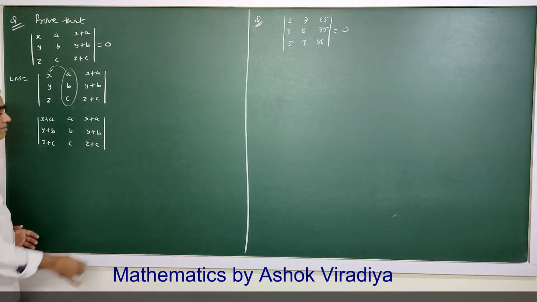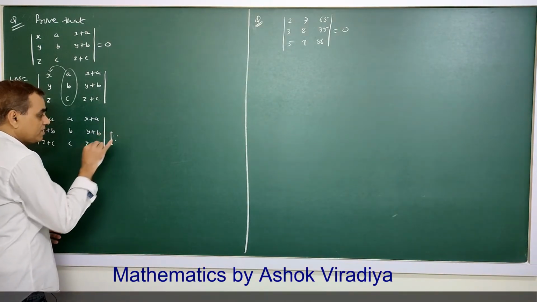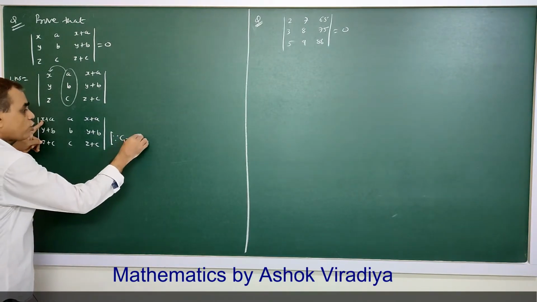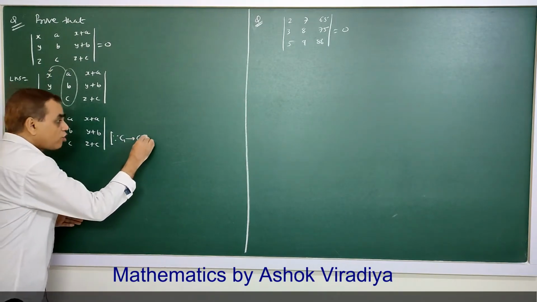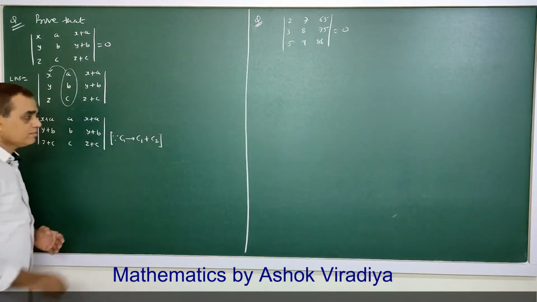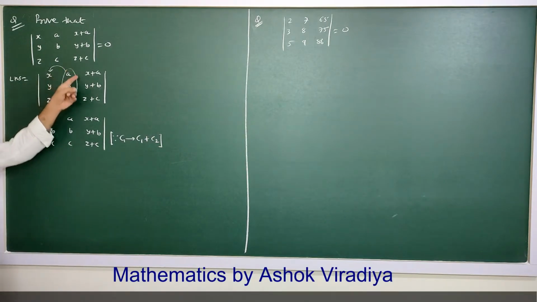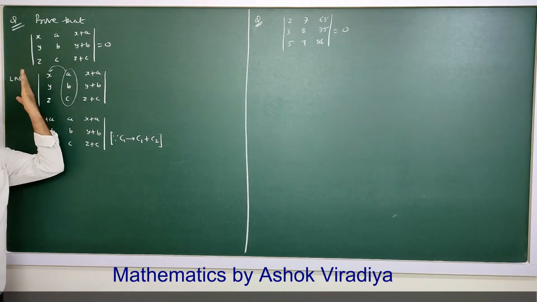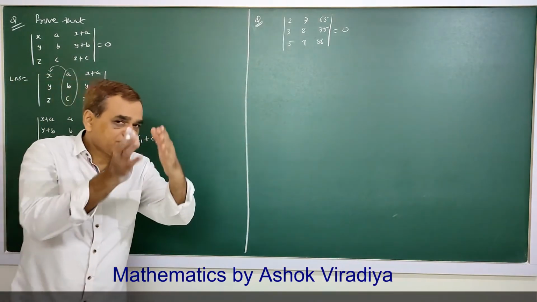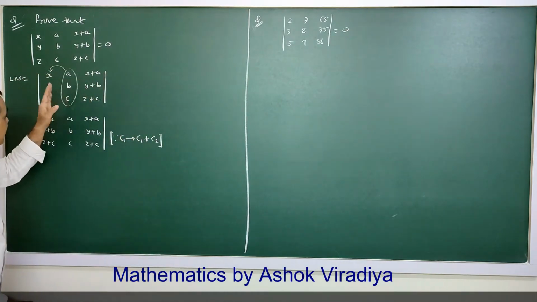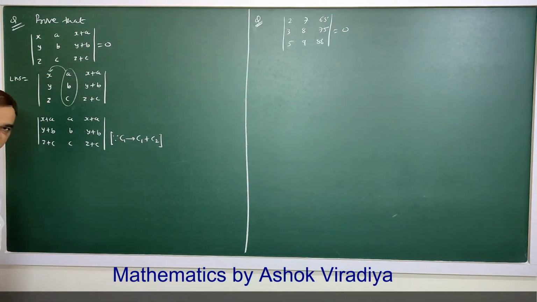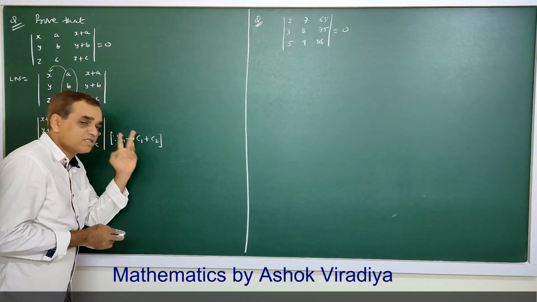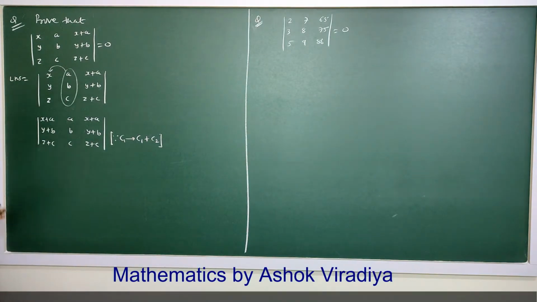So what is done here? Here we perform this procedure in column 1. In column 1, the second column is added. Means elements of the second column, multiplied by 1, are added to the first column. That means simply we are adding the second and first column into the first column.